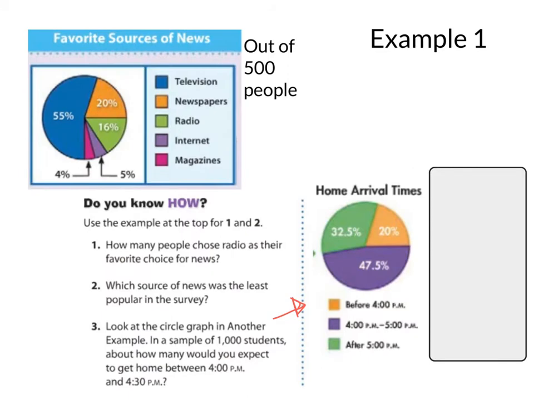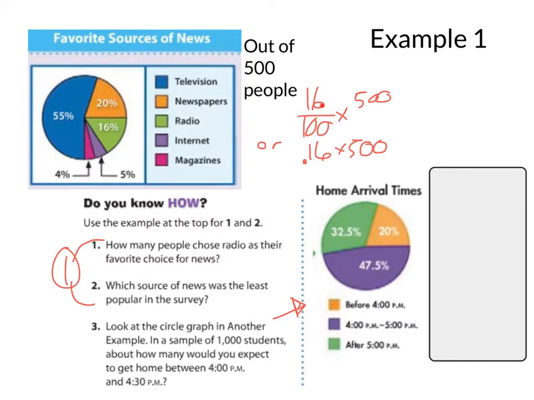So here is example 1. For example 1, you are not drawing any circle graphs, but you are going to write the work for each problem. 1 and 2 here count as number 1. So let's read the question. How many people chose radio as their favorite choice for news? 16%. There are two ways I can do this.